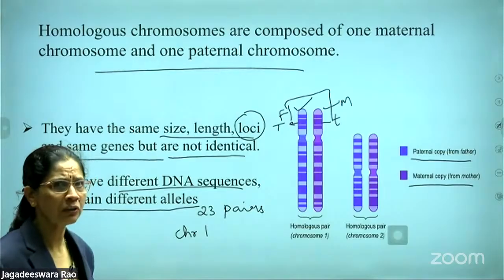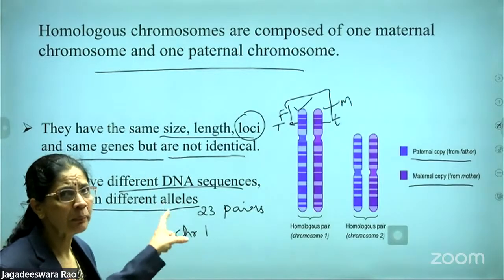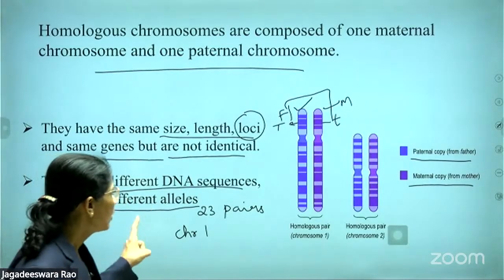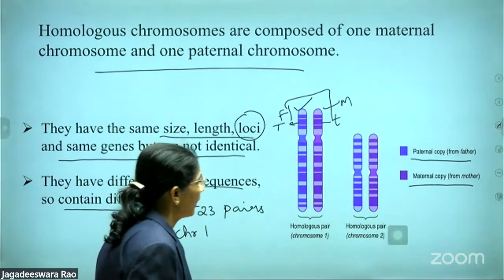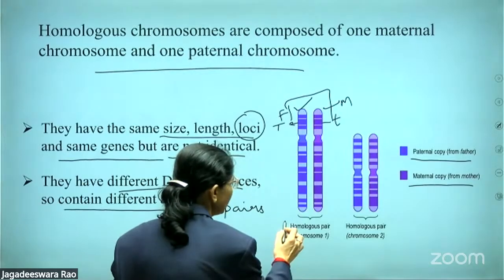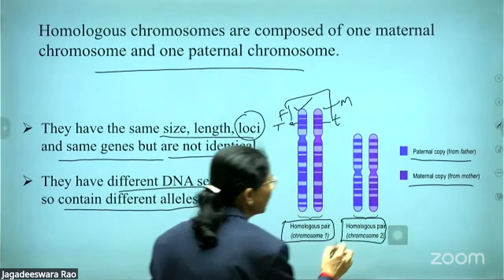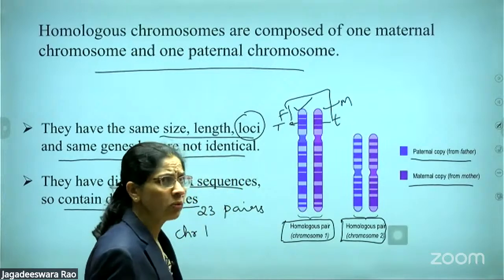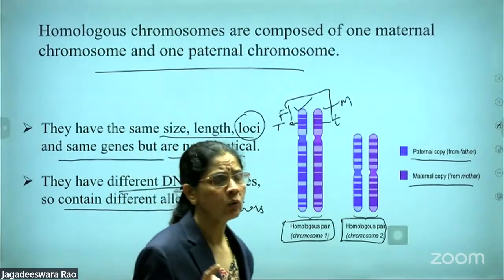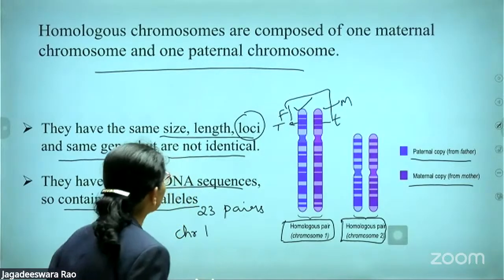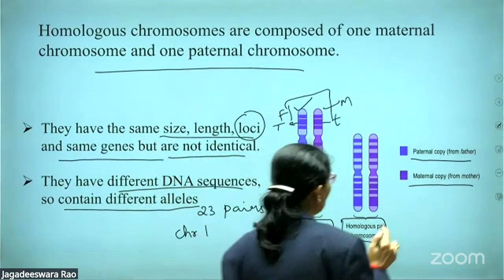That also you need to remember because this will be shown in the question. So you need to remember all these things. Yes, this is one homologous pair and this is another homologous pair. You can understand, I guess, right? Homologous chromosomes are two chromosomes identical to each other in the size, the length and the loci.